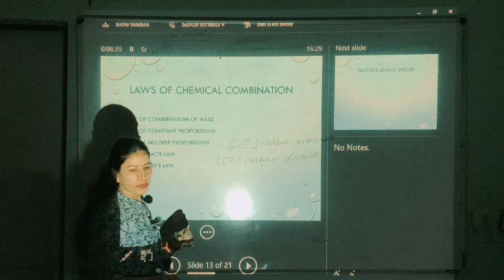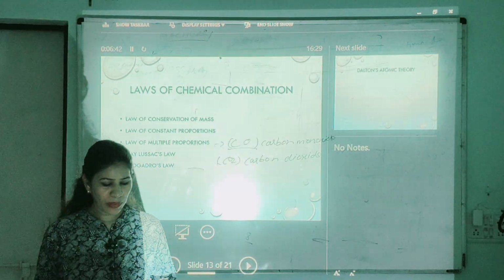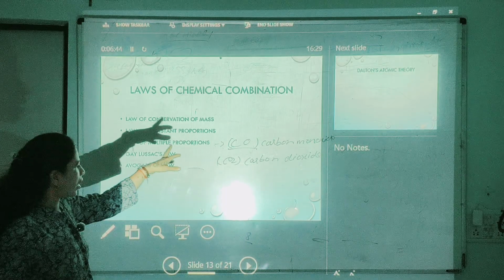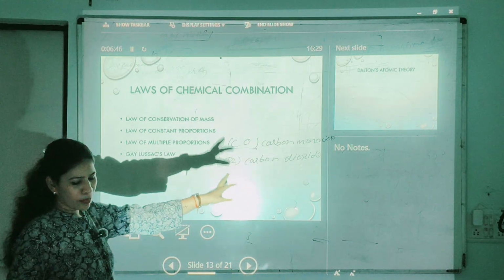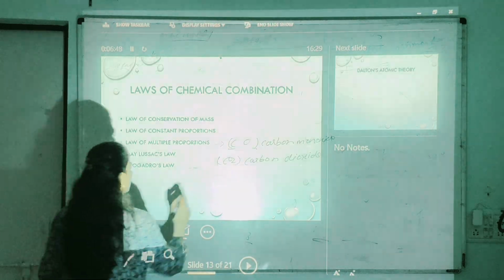Okay children, so here is the multiple proportion. In CO, 12 gram of carbon combines with 16 gram of oxygen.